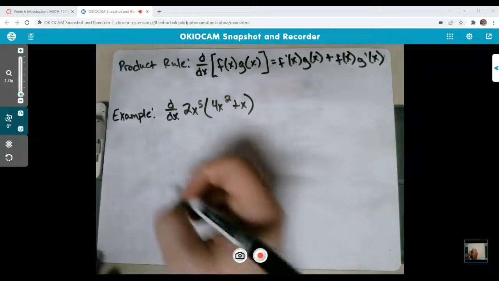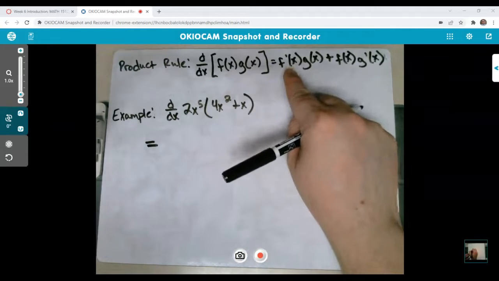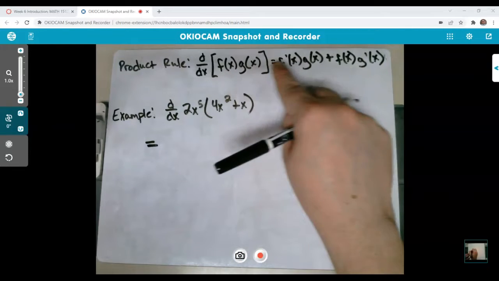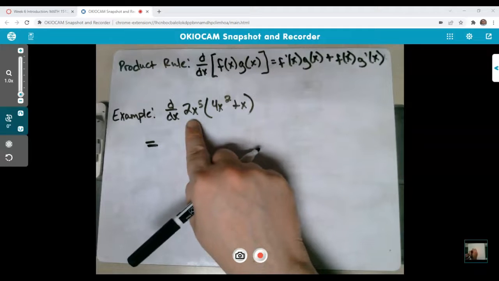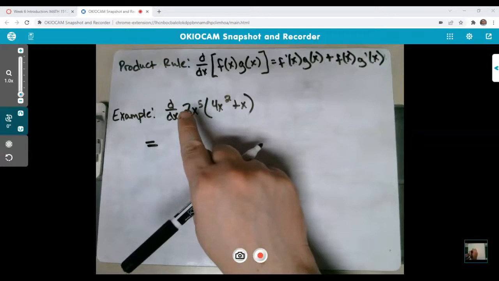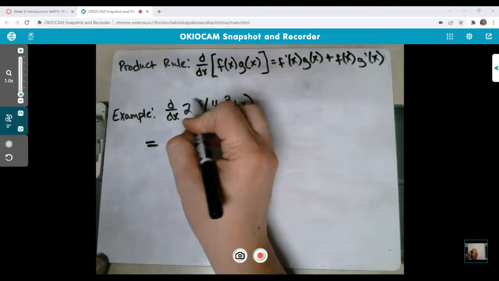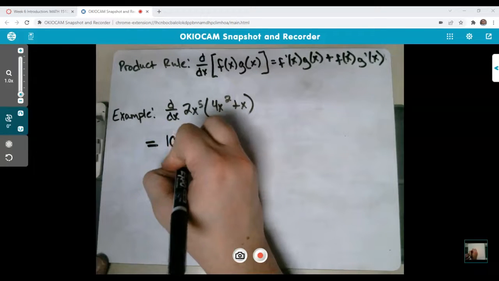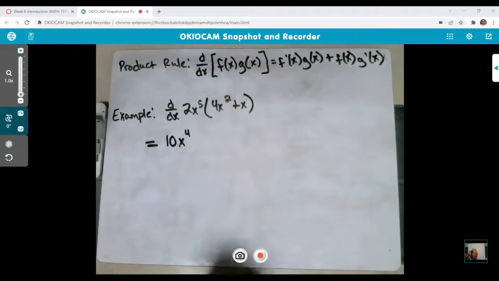So using the product rule, again, what the rule says is we're going to find the derivative of the first part. In this case, my first part is 2x to the fifth. I do that by bringing down my 5. 5 times 2 is 10, times x to the power of 1 less, which is 4.